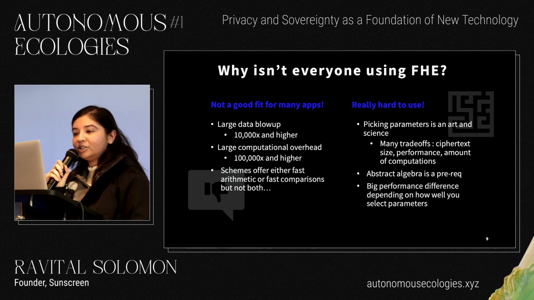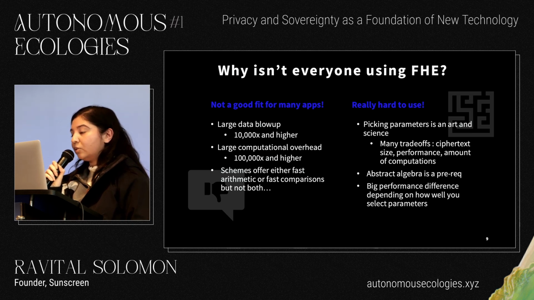Even if you're okay living with all of these downsides to FHE, it turns out that FHE is actually really, really hard to use. With FHE, a big problem in terms of efficiency is picking parameters. And it turns out that picking parameters is both an art and a science. There are many trade-offs to consider. You have to think about ciphertext and public key sizes.